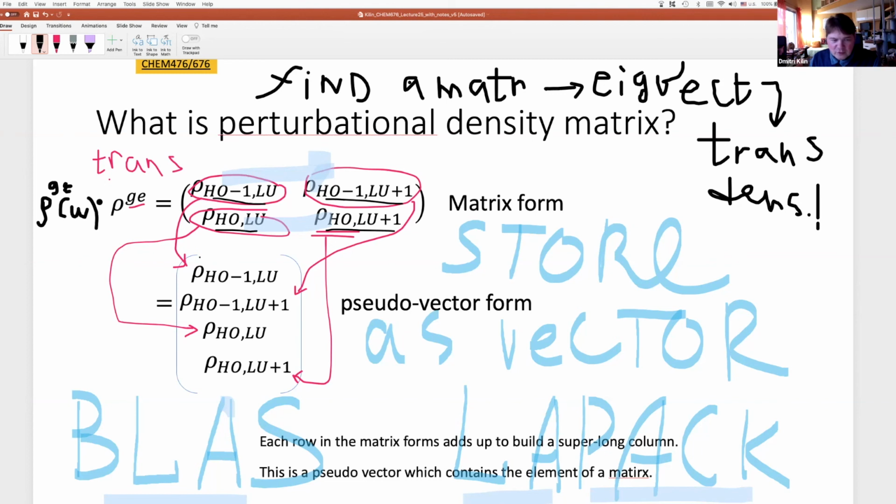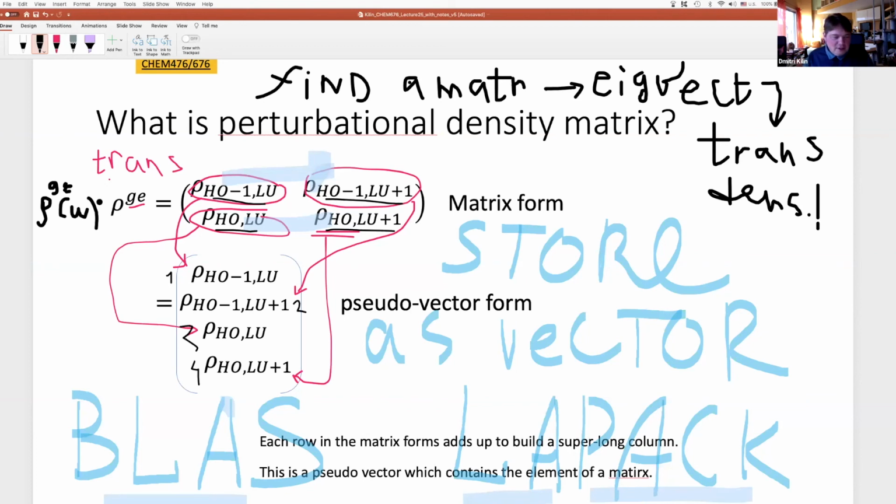Put the first one in here, second one in there, third one here, and fourth one there. So it's still a matrix, in this example 2 by 2, but we save this as one column. Do you permit me to do so, or you will argue against it? Or you don't care? Is it okay? It's just a format of saving.